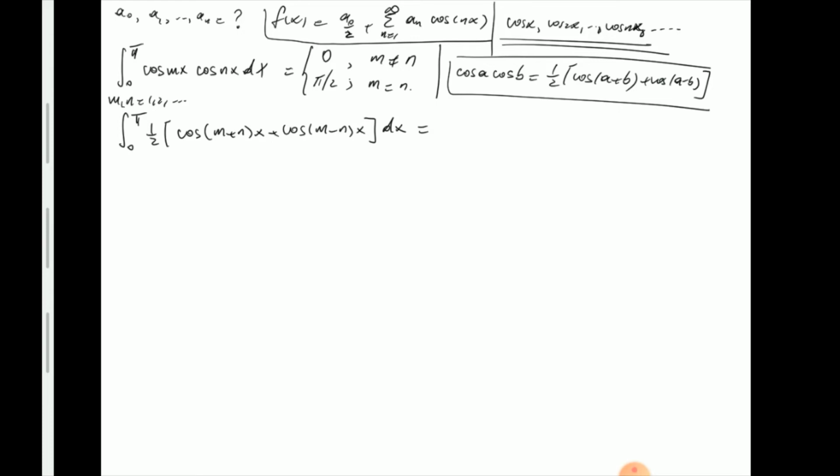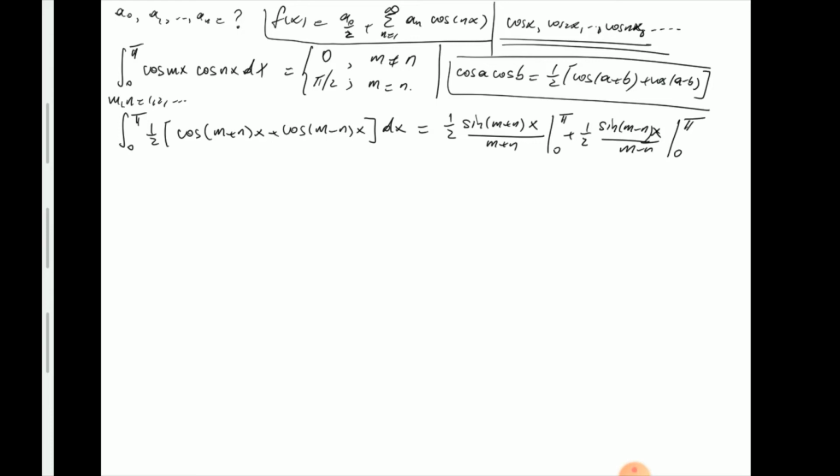The integral of cosine is going to be sine, but over m plus n to account for that substitution. So it's going to be 1/2 sine of (m plus n) x over (m plus n) between 0 and pi. And then the second term is 1/2 sine of (m minus n) x over (m minus n) between 0 and pi.